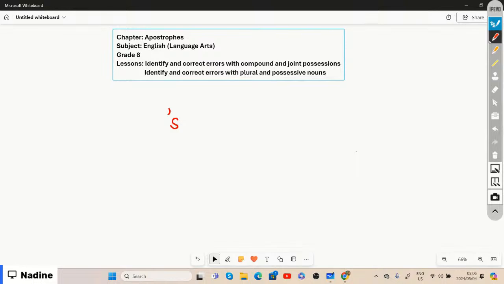That's apostrophes. And we are going to identify and correct the errors with the compound as well as joint possessives.